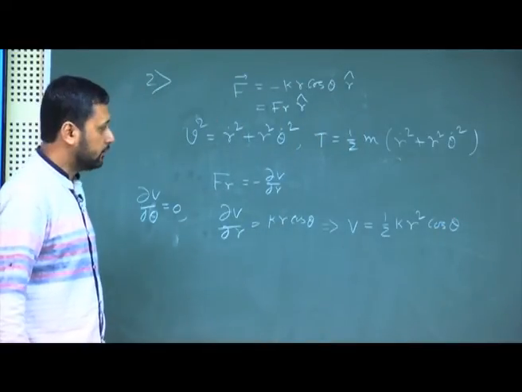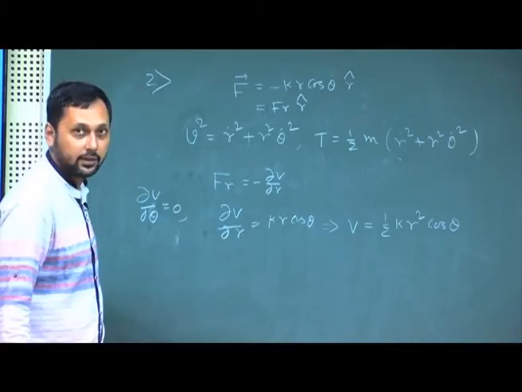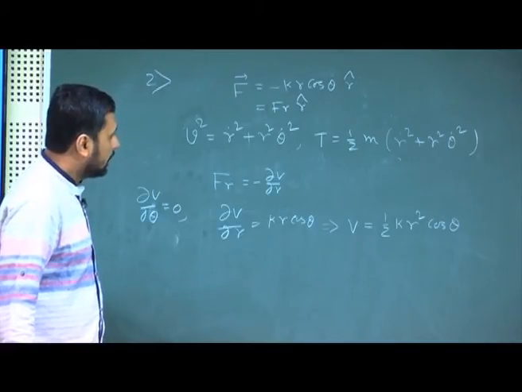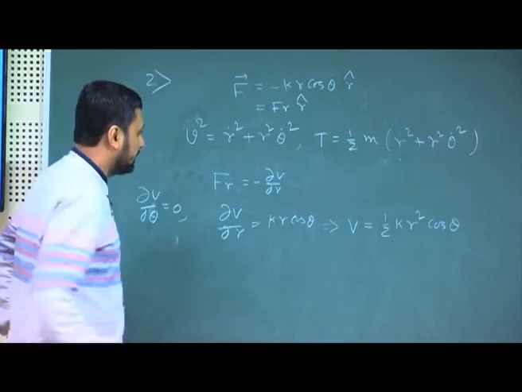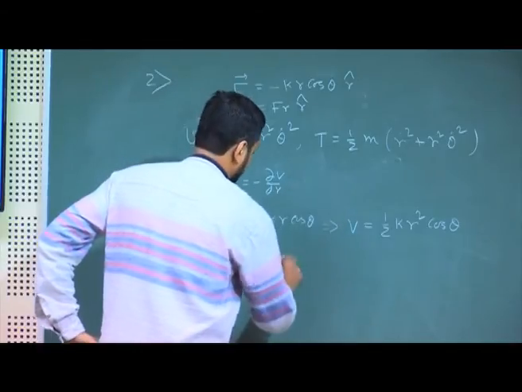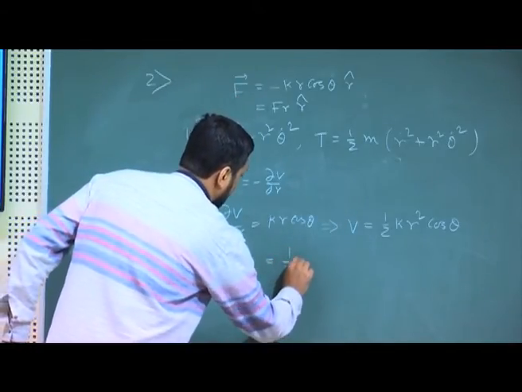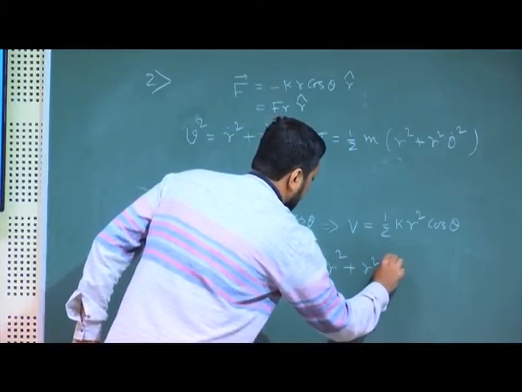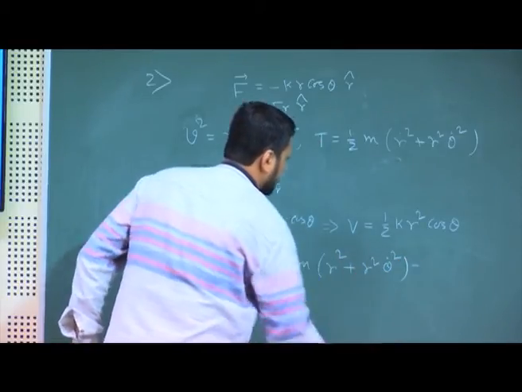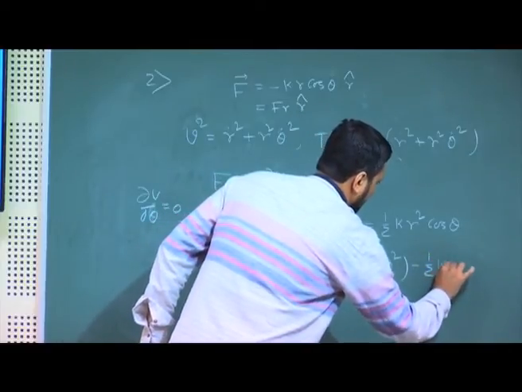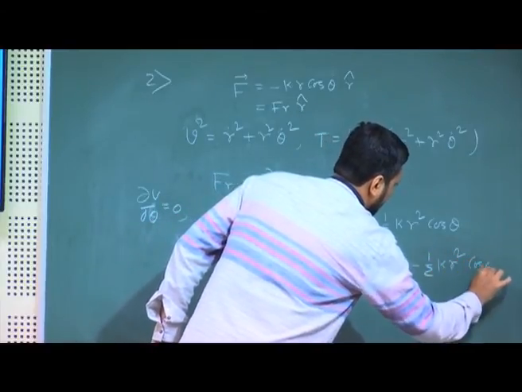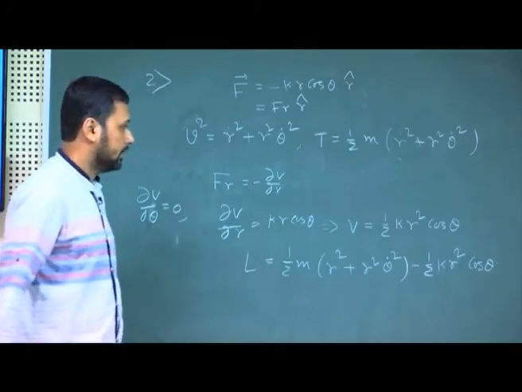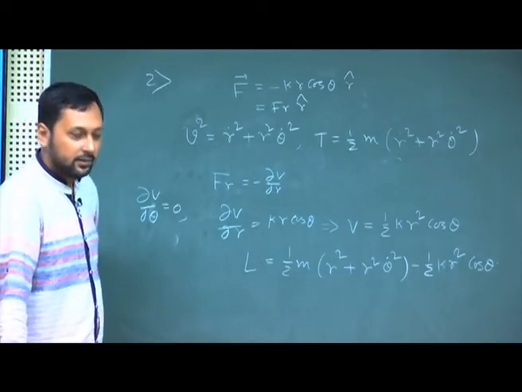So, V is equal to half k r square cos theta, very good. Now, that means the Lagrangian L will be half m times r dot square plus r square theta dot square, minus half k r square cos theta. Okay. So, this is the Lagrangian.